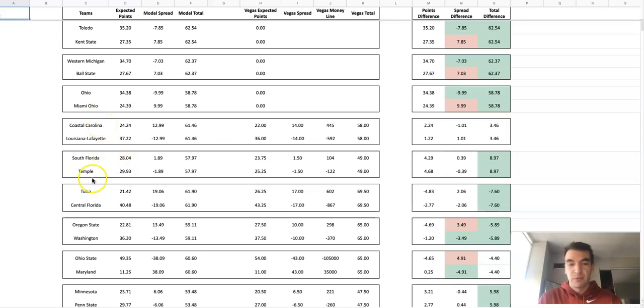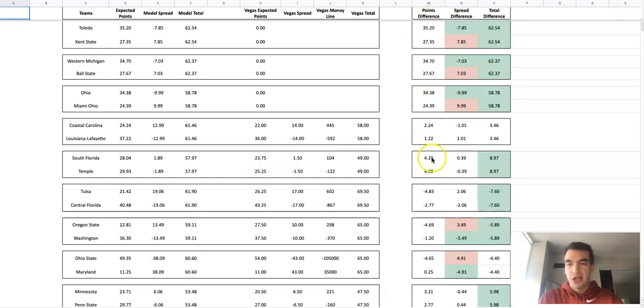So maybe trying to find some running backs from South Florida or Temple to give you an edge. So we create a model spread, we create a model total, which spits out expected points. We compare that versus Vegas's spread, Vegas's money line, and their total, which calculates an expected points as well. So all of the math and all the fun stuff comes over here.